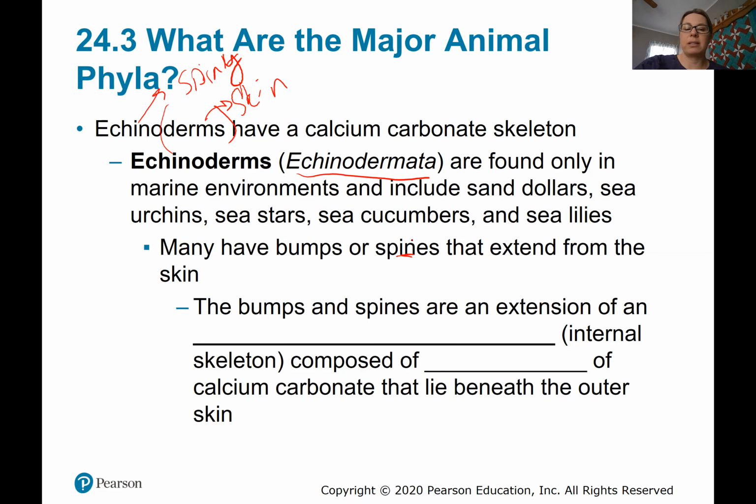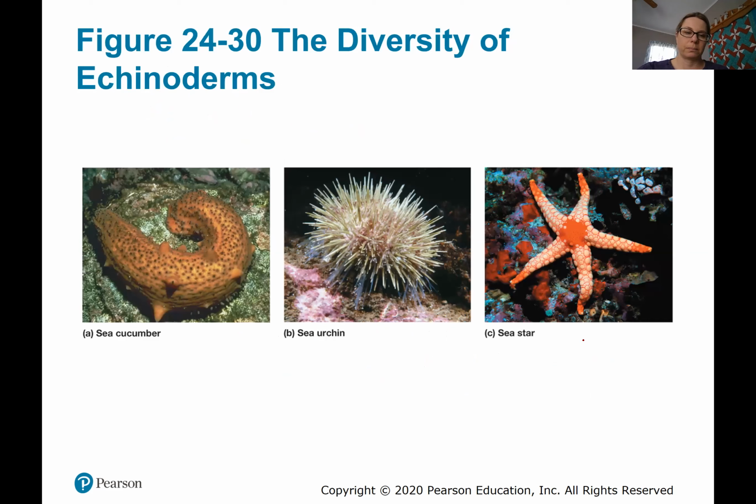And these are extensions of their endoskeleton, which is made of calcium carbonate. So they have kind of an internal skeleton, not like bones like ours, but they do have an endoskeleton. They're not vertebrates by any means, but they have that kind of hard skeletal type structure that those spines come from. And here's some examples of the echinoderms.